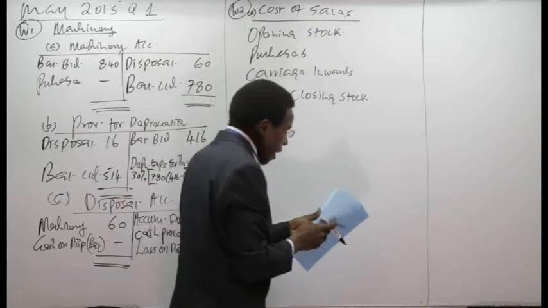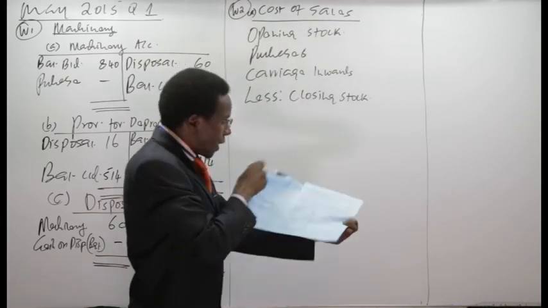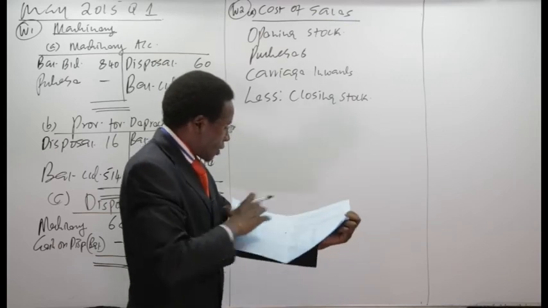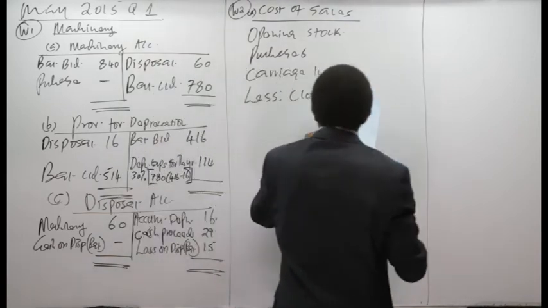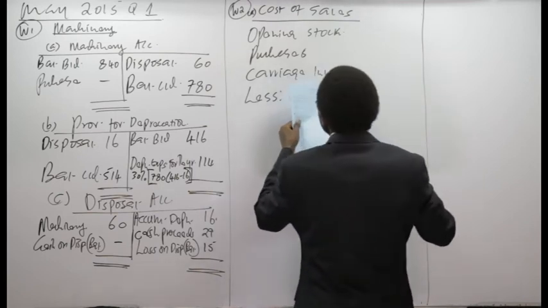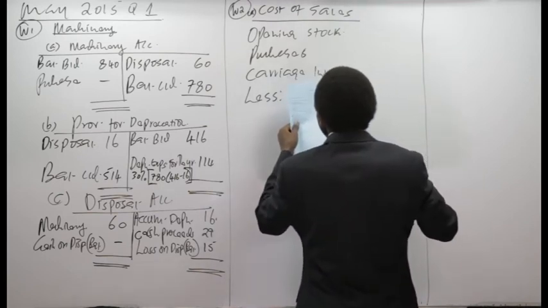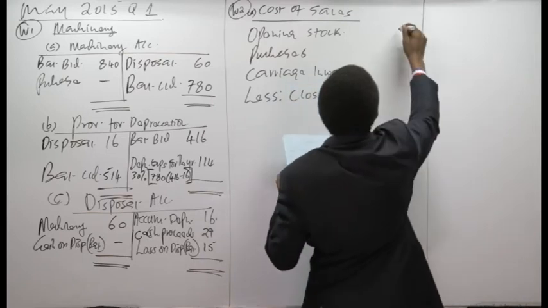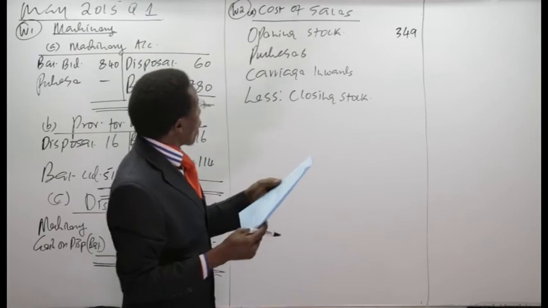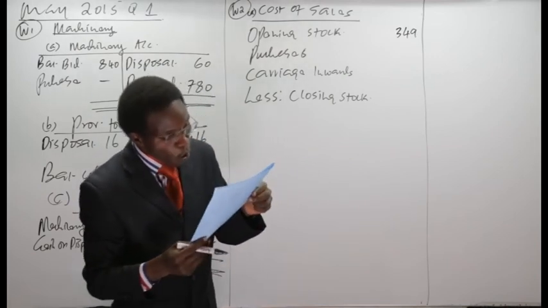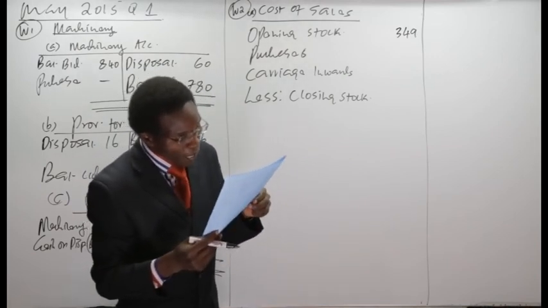Now let me go back first and bring in those items before we get into so many other things, maybe it can bring a confusion here. So we start with the opening stock. The opening stock from the trial balance, friends, I can see it as a figure of 349. We have the purchases. We go back to the trial balance once again.